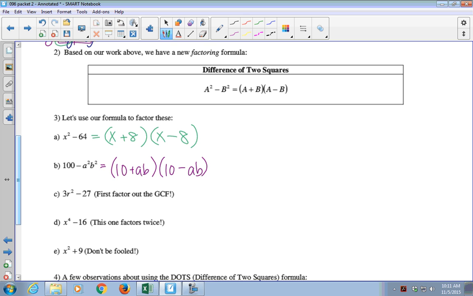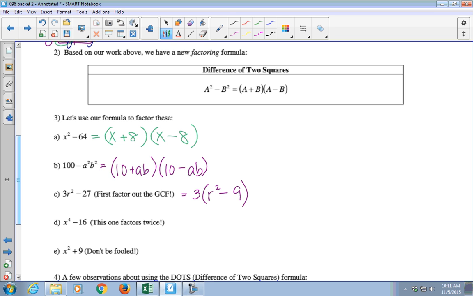All right, so 3r squared minus 27, I have a little hint here to first factor out the GCF. Is there a common factor between 3r squared and 27? 3. So I'm going to pull out a 3 first. So that becomes r squared minus 9 after you reverse distribute the 3.